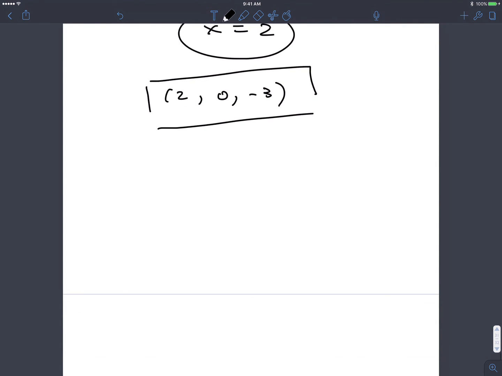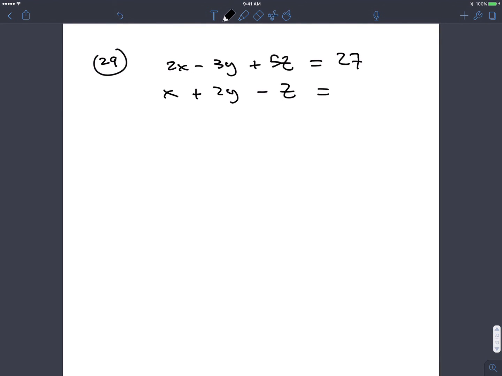So let's look at number 29 now. We have 2x minus 3y plus 5z is 27. X plus 2y minus z is negative 4. 5x minus y plus 4z is 27.